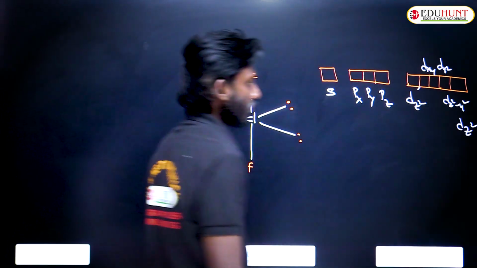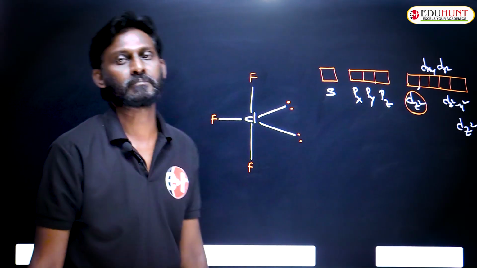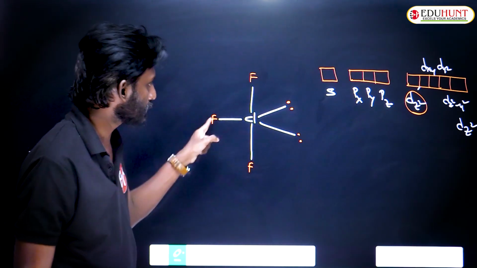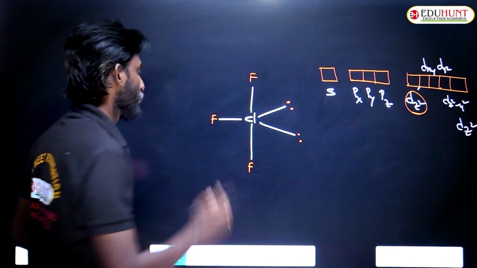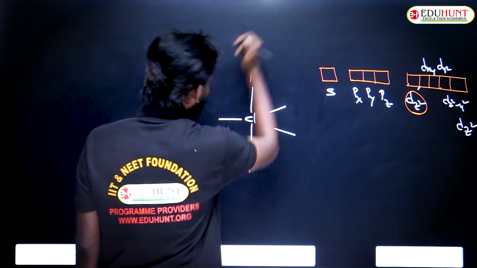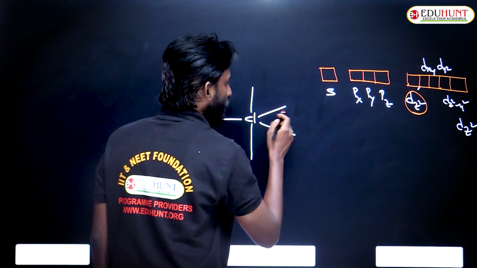I am taking this dz square part. Now, to form 3 equatorial orbitals, let me explain first. Let me write those positions first. 1 equatorial.